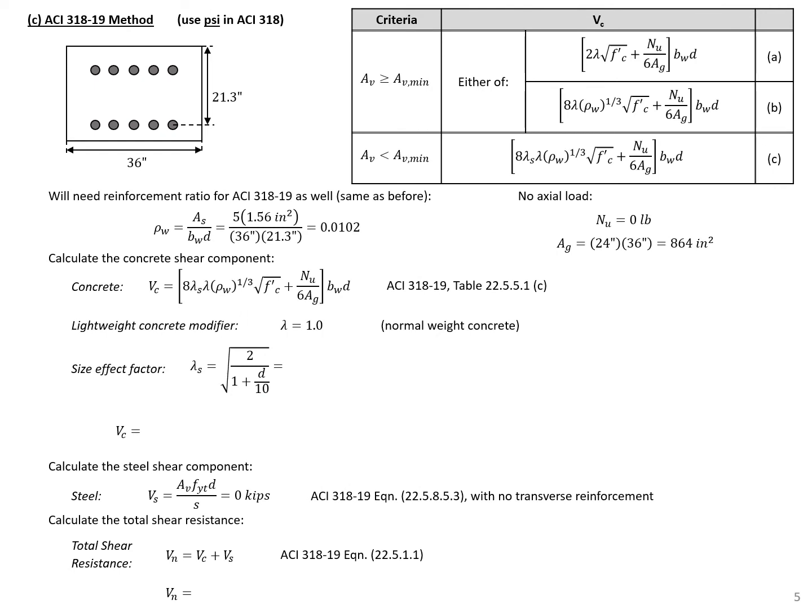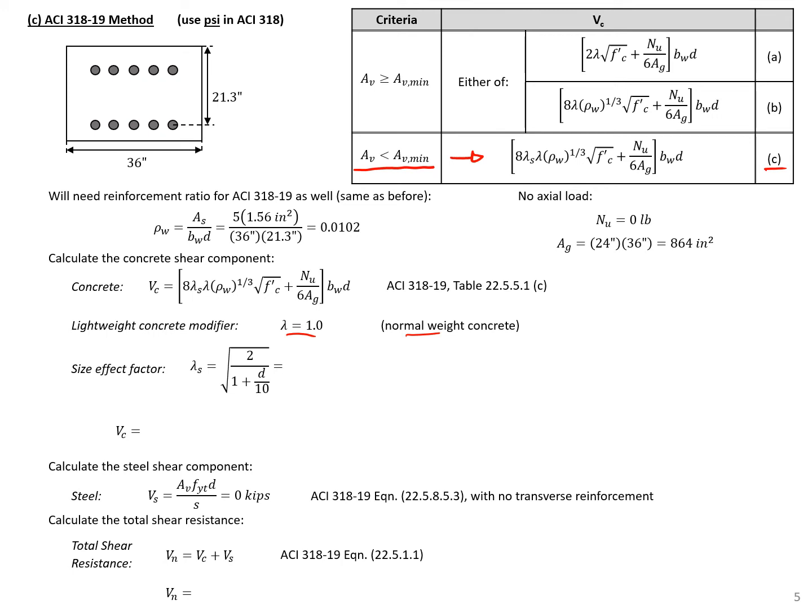Next, we'll find our shear capacity using the ACI 318-19 method. We'll find our shear capacity using the equations in the table shown in the top right. We don't have minimum shear reinforcement, so we're going to use this equation here shown in C. So in this equation, we have to find our lightweight concrete modifier, which is still 1.0 for normal weight concrete. And we also need our lambda S, which is our size effect factor.